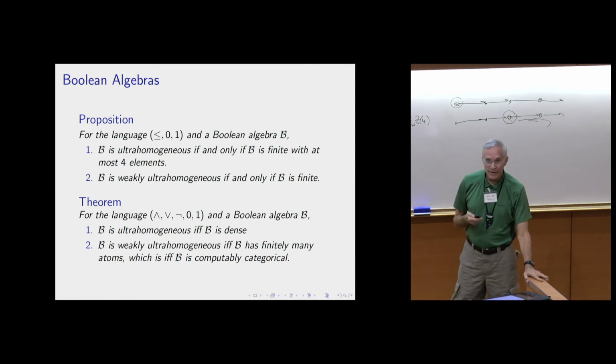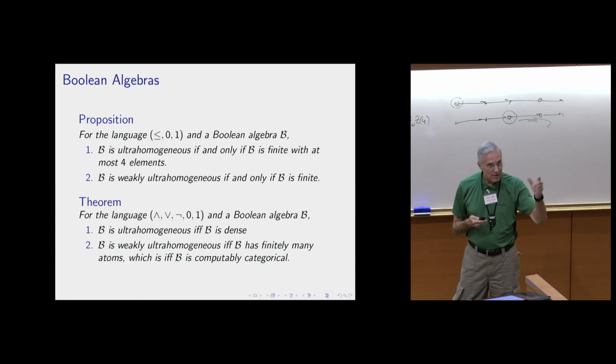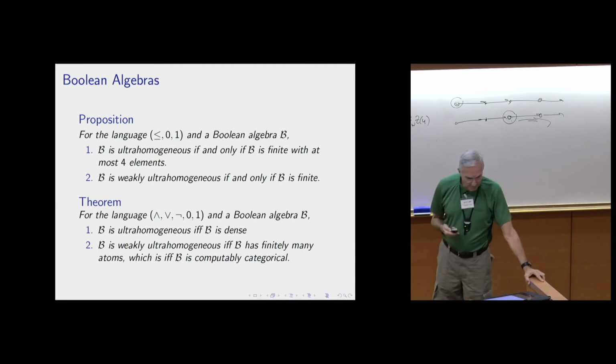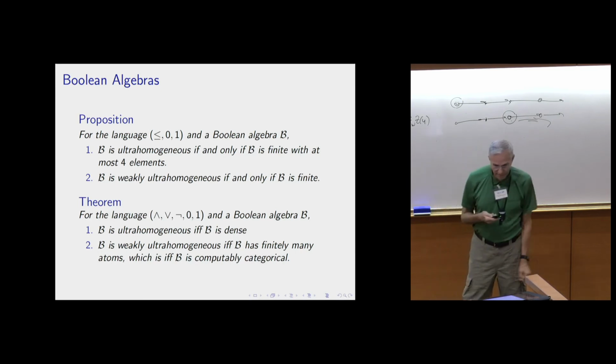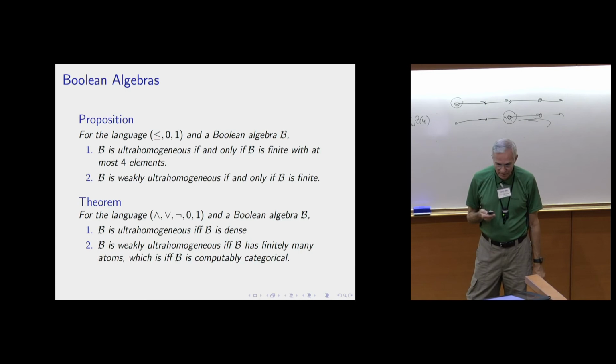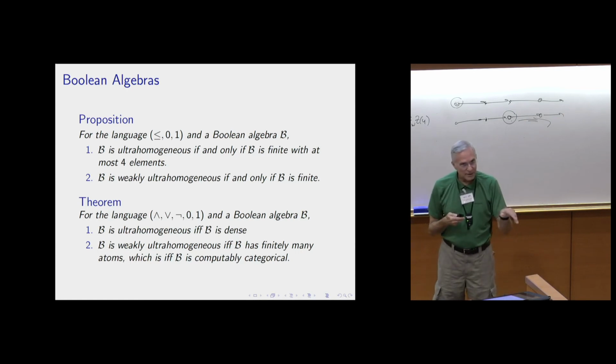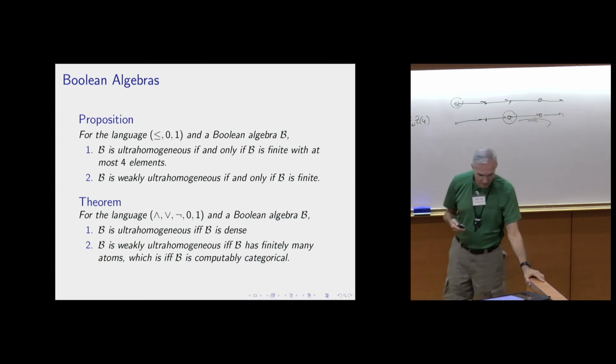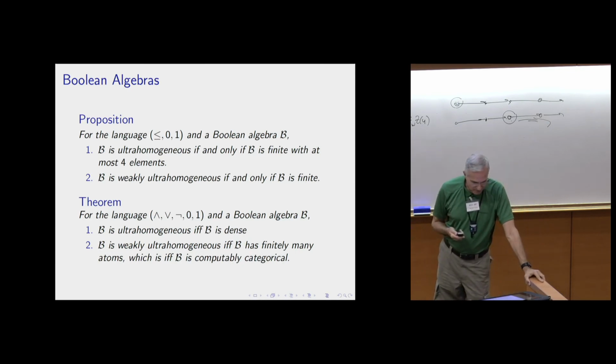It's similar to the trees where, if you had height 2, you could have an element and then a gap in between. If you have 8 elements, then you have 2 levels in between the 0 and the 1, and you can play those off. The one at the lower level can look the same as one at the next level, but that can't be extended. But that's simple.